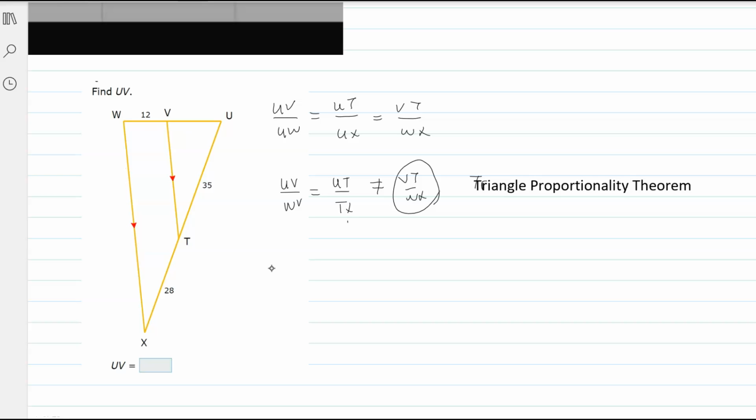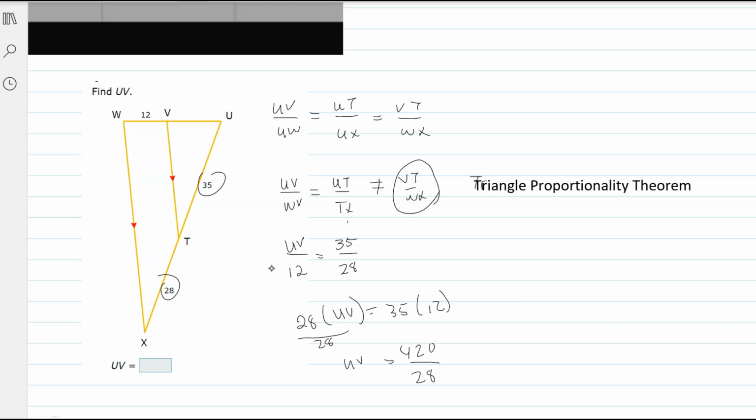Well, we have UV, we don't know what that is, over 12 equals the distance between U and T, which is 35, over 28. We don't need to add these up this time, because we're just looking at the pieces. Then we got 28 times UV equals 35 times 12, and of course 35 times 12 is 420, divided by 28, because we're going to divide both sides by 28, is 15.